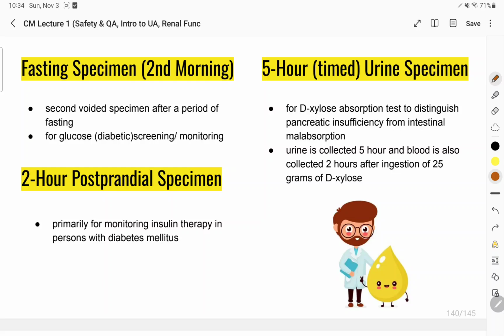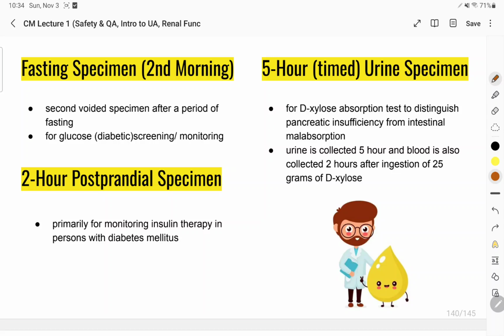So 2 hours after kaon. Okay? And also 5-hour timed specimen. This is for D-xylose absorption test to distinguish pancreatic insufficiency from intestinal malabsorption. Okay? So, ang gamiton nga reagent is your D-xylose.